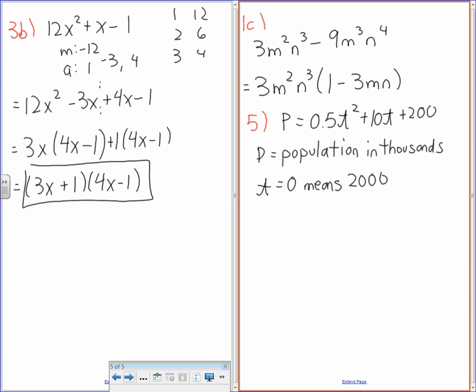So before we've even begun this question, they've already made it difficult in 2 ways. T does not actually mean 0, it means 2,000. And P is a population in 1,000.